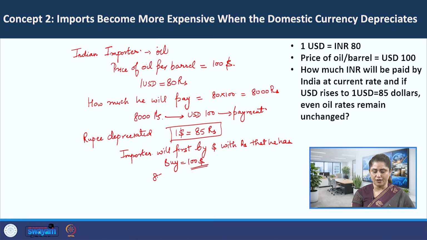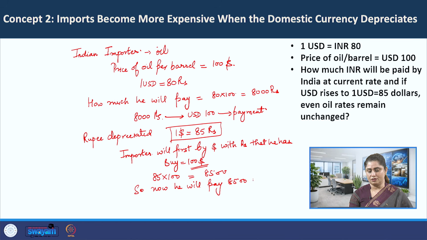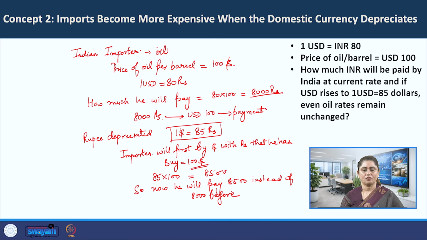He will spend 85 rupees per dollar into 100, giving 8,500. So, now he will pay 8,500 instead of 80 into 100, that is 8,000 before. So, for the importer, imports become very expensive when the domestic currency depreciates, and the reverse is also true.